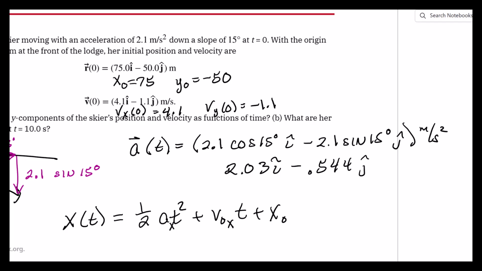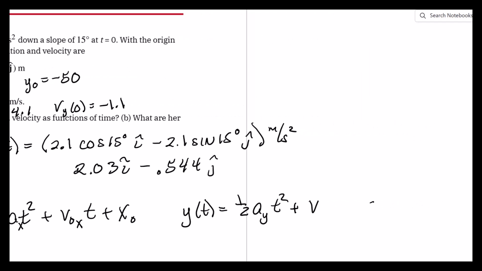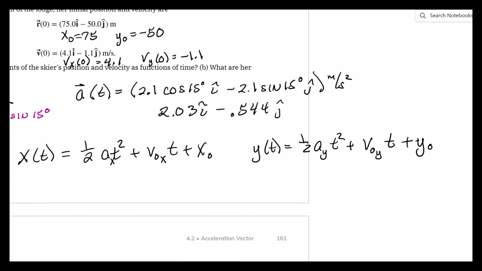So 1/2 a in the x direction, t squared, plus v naught in the x direction, t, plus initial position in the x direction. The y position is 1/2 a in the y direction, t squared, plus v naught in the y direction, t, plus initial value in the y direction. So that's how that works together.